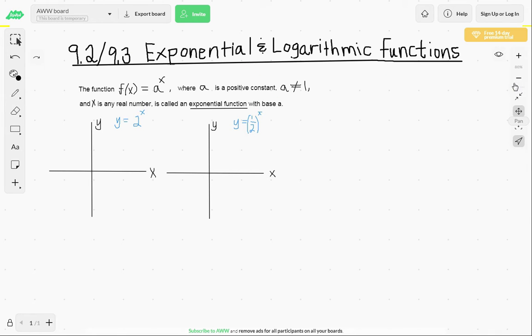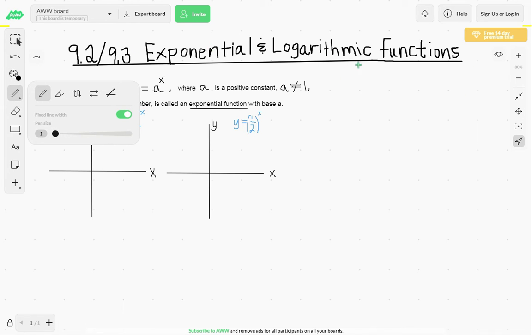Let's pan over to the side for a moment. One thing I said is that x can be any real number. In other words, we can raise any positive constant not equal to 1 to any real number we'd like. Let's see what this means in practice, starting with integers.